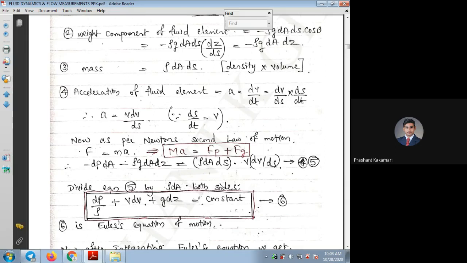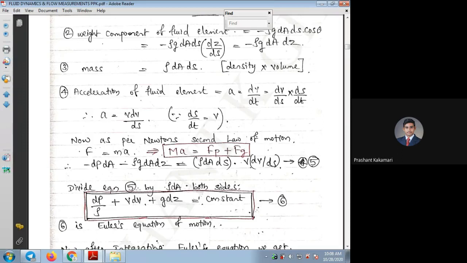You can write a note there: dividing the fifth equation by rho dA as a common term, and cancelling the ds term, ds divided by ds, we are left with dP by rho plus v dv plus g into dz equals constant.